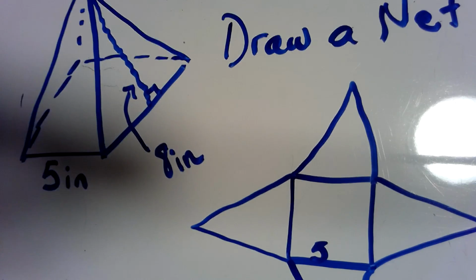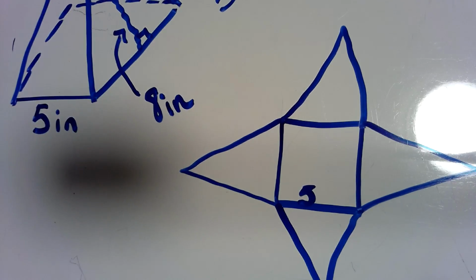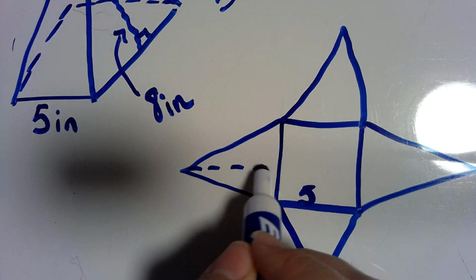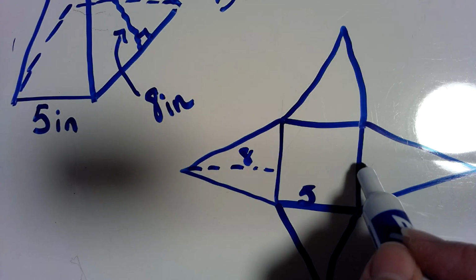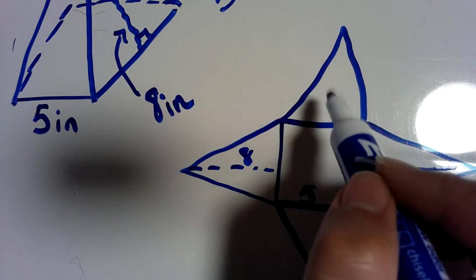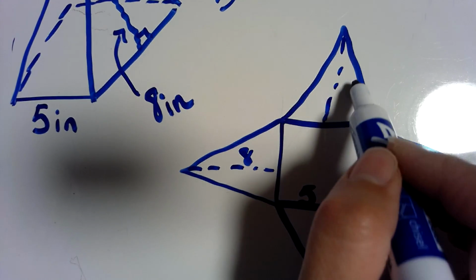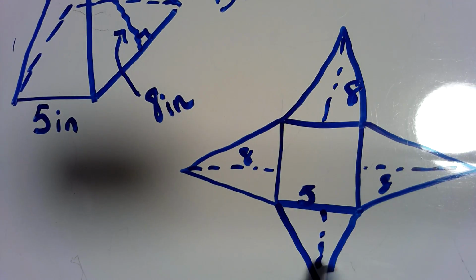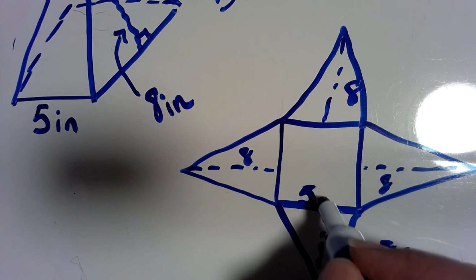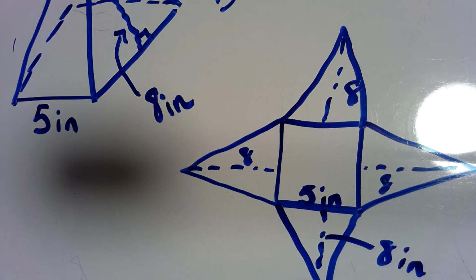Each one of them would have a height of 8. This one also would have a height of 8. This one would be 8, and so on. In this one it was given in 8 inches, so the units are the same for all of them.